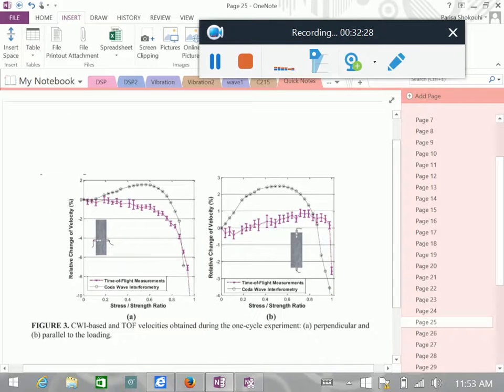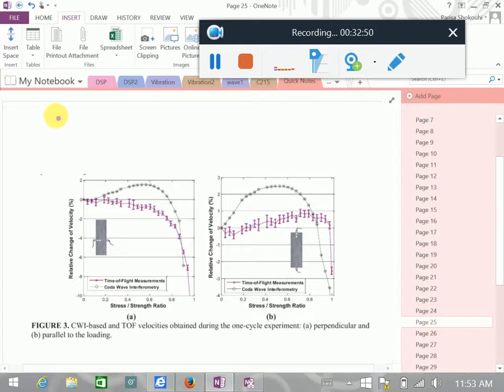The point I want to make here is that the velocity changes with the presence of cracks, pores, etc. But the stress also changes the velocity in the type of material we are interested in, concrete and rocks.